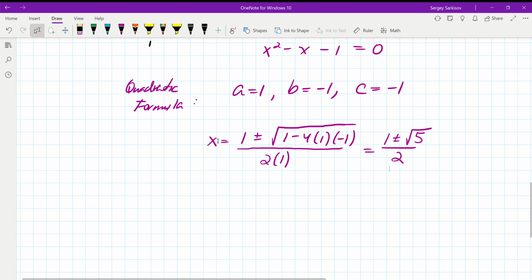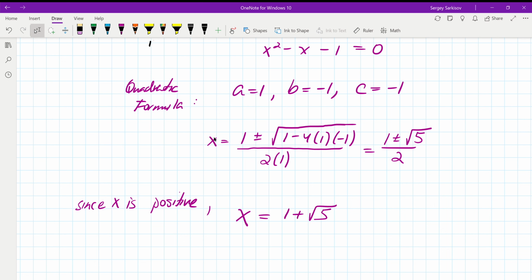Now, since x is positive, x is equal to 1 plus the square root of 5 over 2, which is actually, everybody, the golden ratio. So quietly I'll write here the golden ratio.